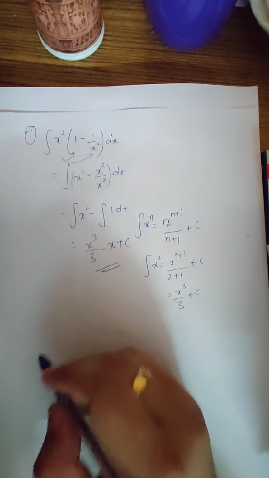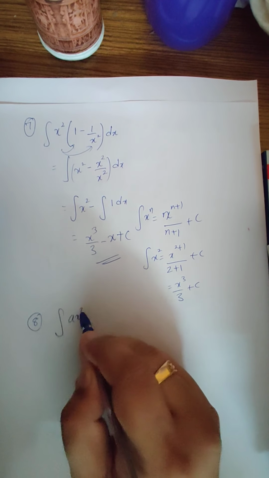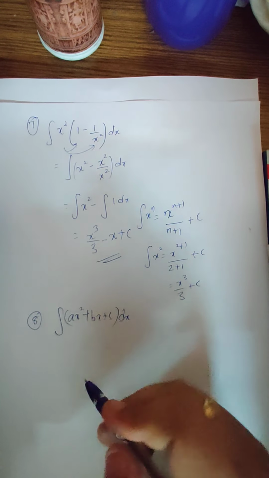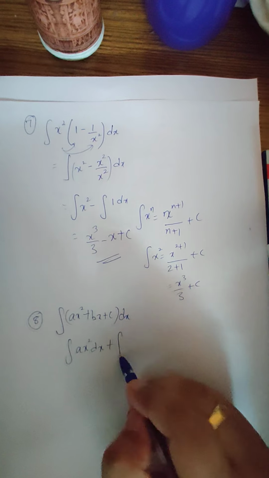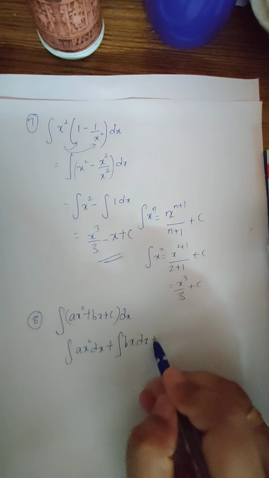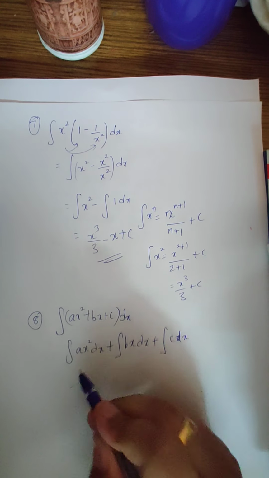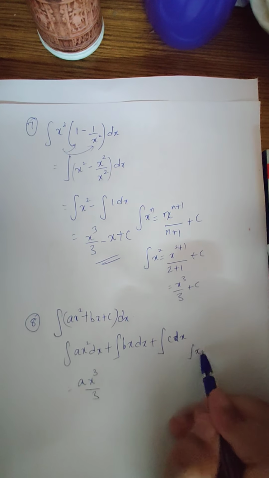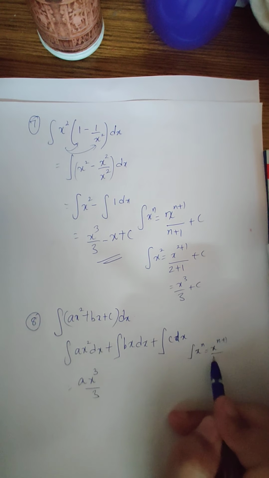Next we have the 8th question. Integration of ax square plus bx plus c dx. So we'll write it as integration of ax square dx plus integration of bx dx plus integration of c dx. So a is a constant, we'll take it out, x cube by 3, because integration of x power n will be x power n plus 1 by n plus 1.